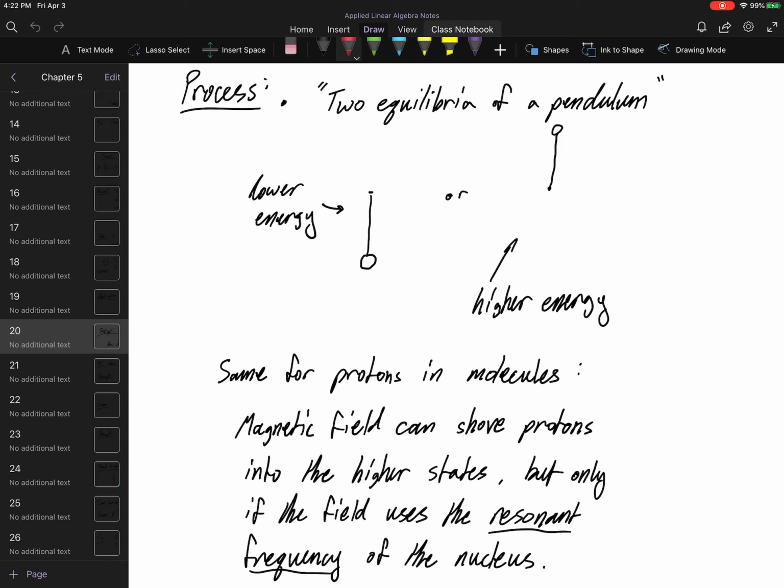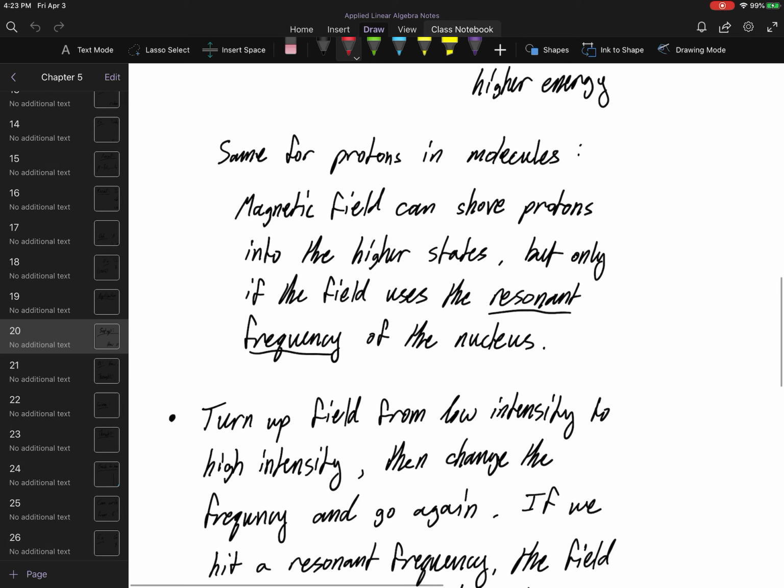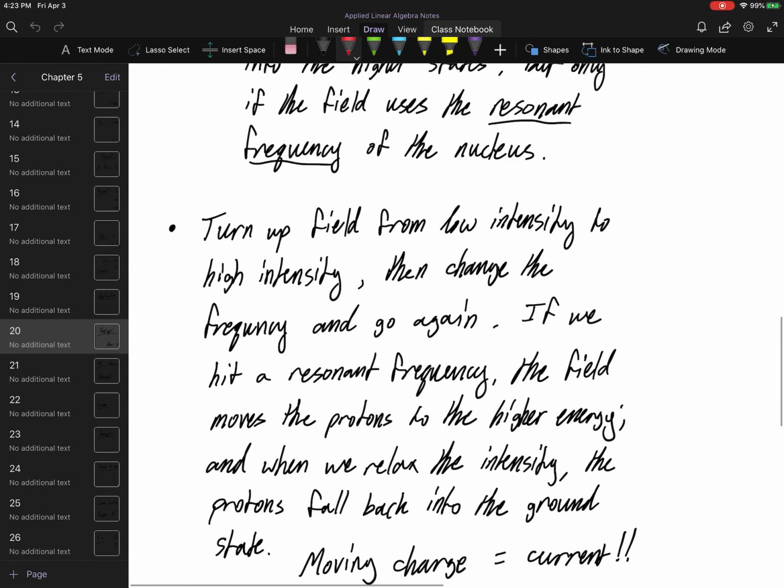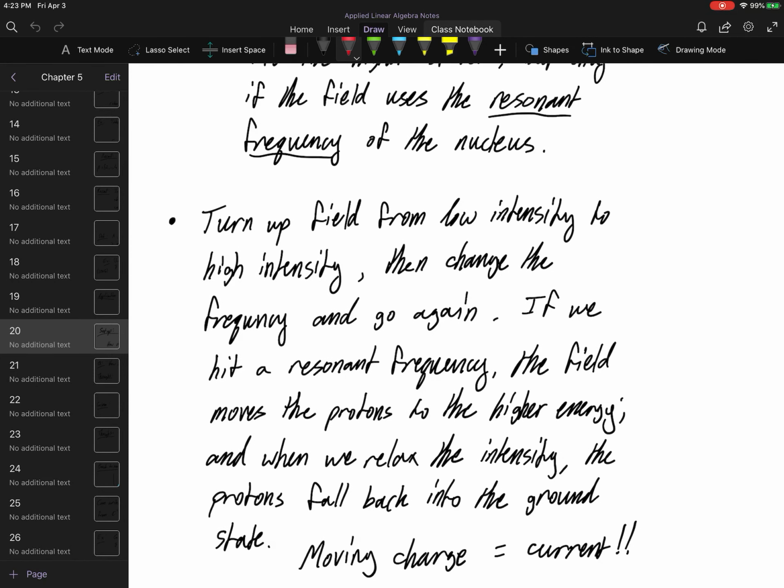So what we can do with an NMR is put in a magnetic field of a certain frequency and strength, so as to shove protons into these higher states. This is only going to happen if the magnetic field is at a particular frequency, and this is what's called a resonant frequency of the nucleus.